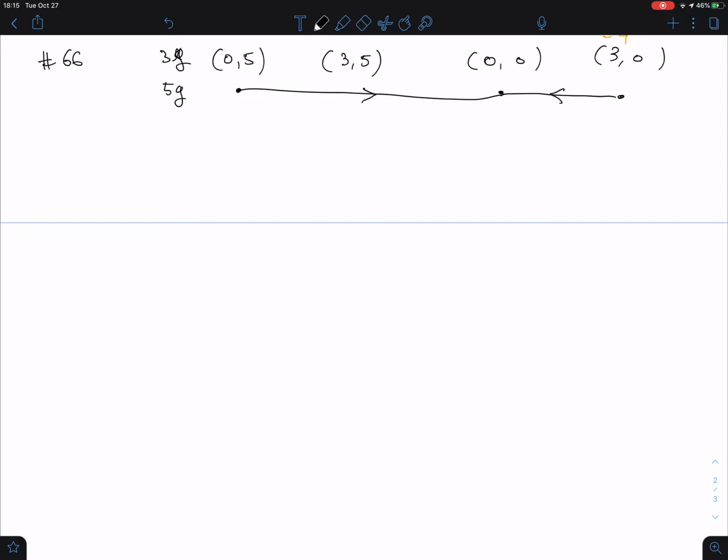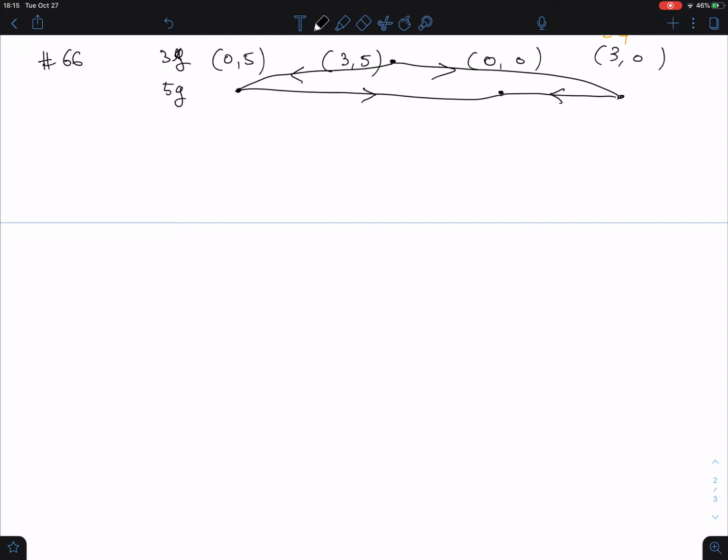And what about this guy, the 3-5 guy? Well, assuming you can only do one operation at a time, there is no direct connection between these two. But there is one that goes from here to there, that is by emptying the second jug, and this one from there to there, that's emptying the first jug.